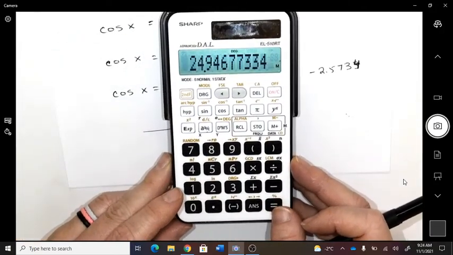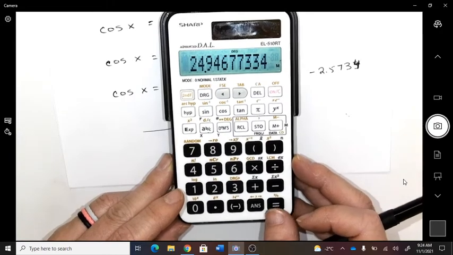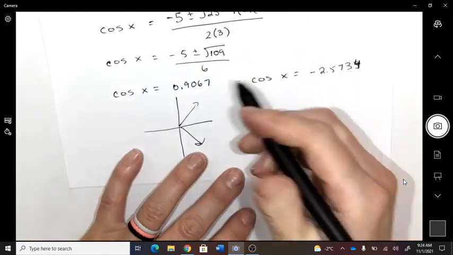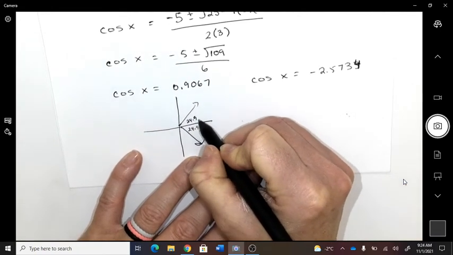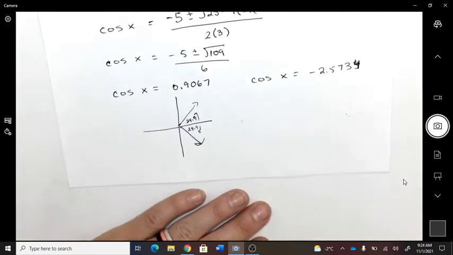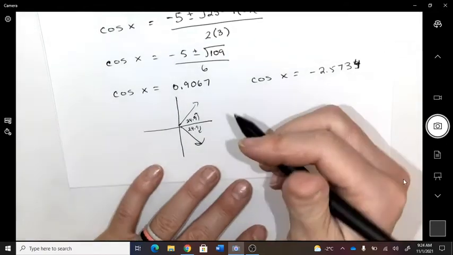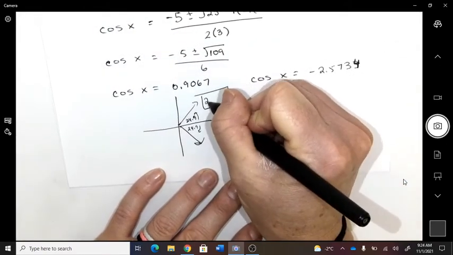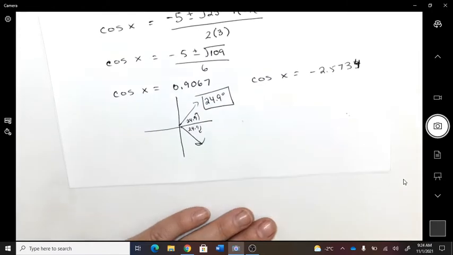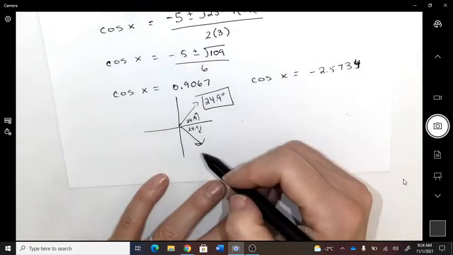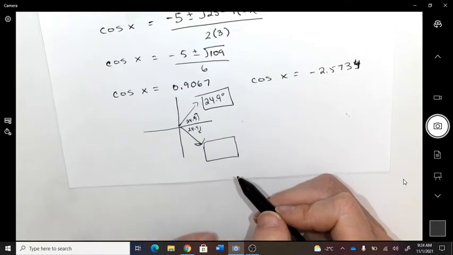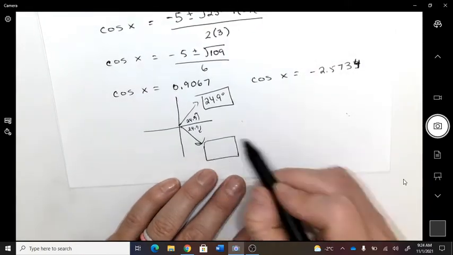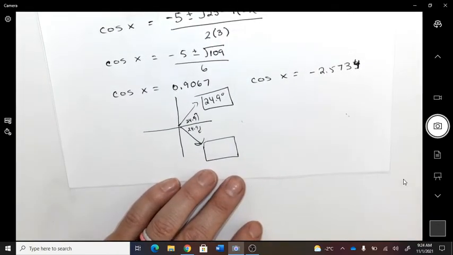My angle is 24.9 degrees. Okay, so one answer is 24.9 degrees. And then this one would be if we subtracted from 360.